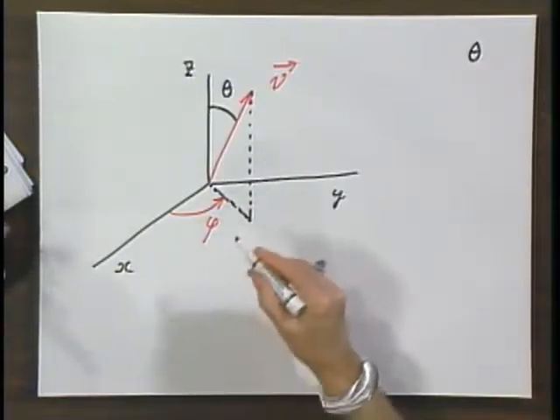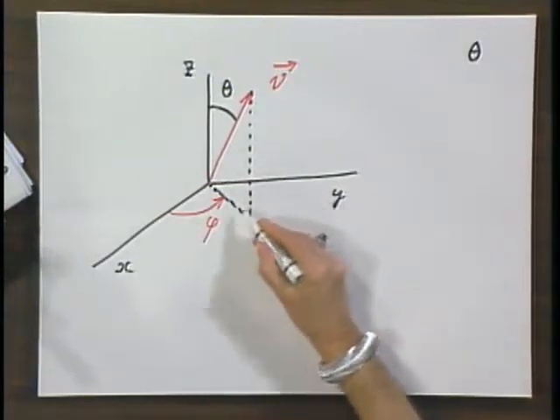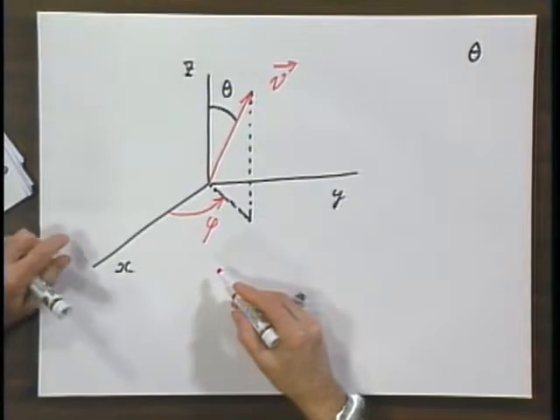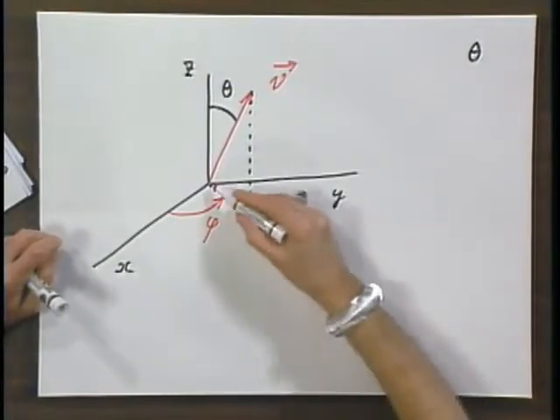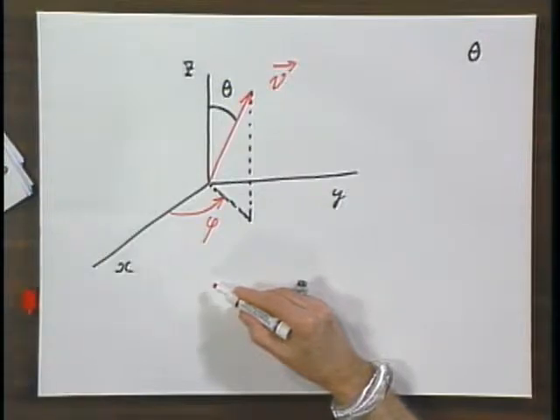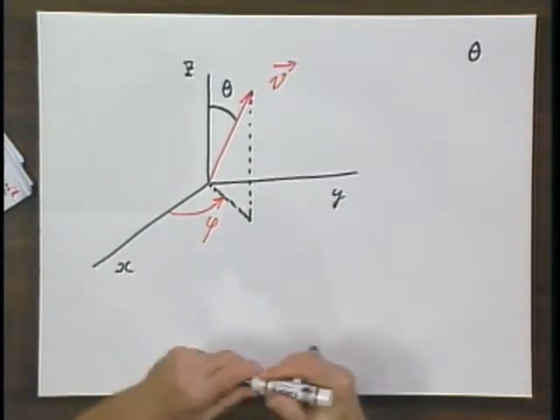That specifies the direction in this horizontal plane of the projection of v on xy. We now know the direction in which this vector goes, but we still don't know the magnitude. So if now we also specified the magnitude, we would be in business.